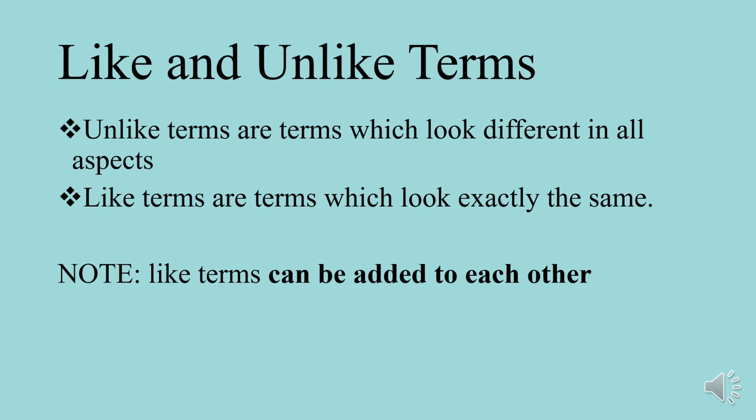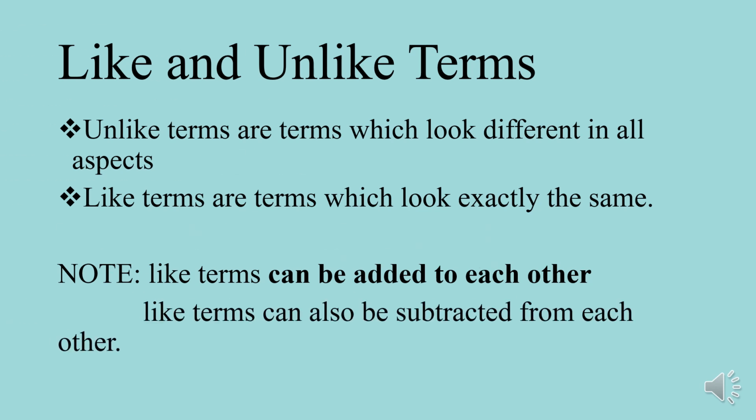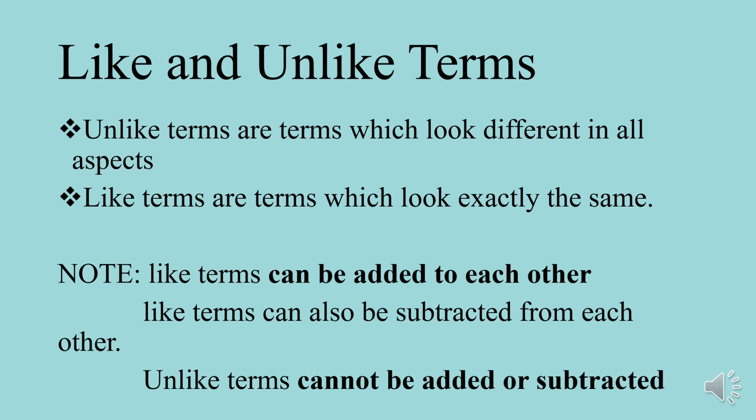Those that look exactly the same are the same in nature, those are like terms, and like terms can be added together. Unlike terms cannot be added or subtracted. It's very important for you to understand this aspect.